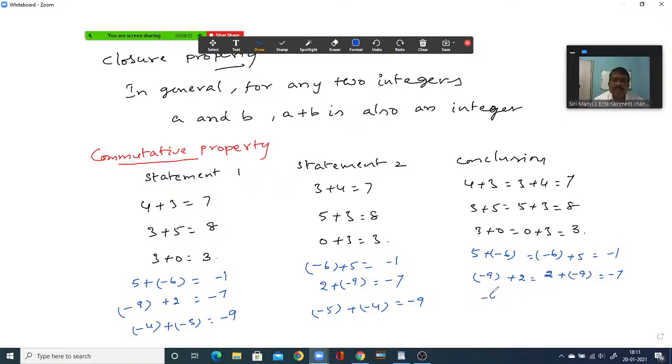Then we conclude: minus 4 plus minus 5 is equal to minus 5 plus minus 4 is equal to minus 9.